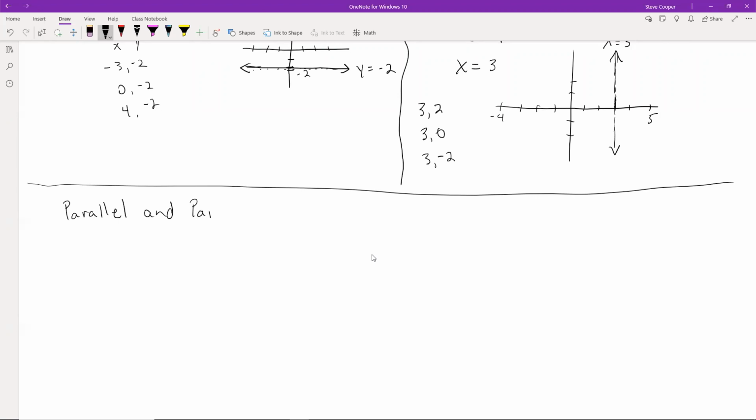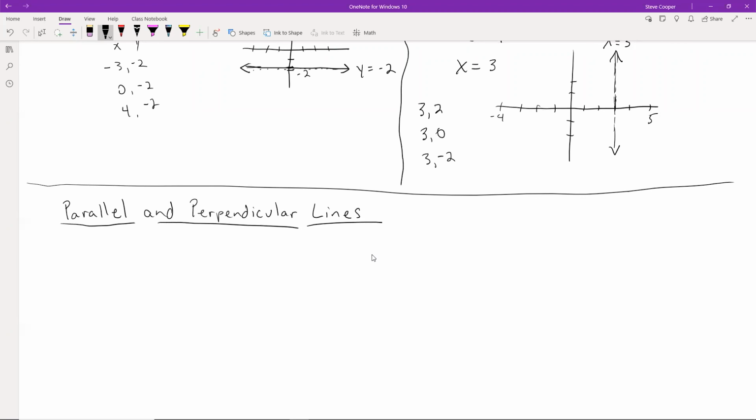I'll get started on parallel and perpendicular lines, and then I'll probably give you an assignment after this.